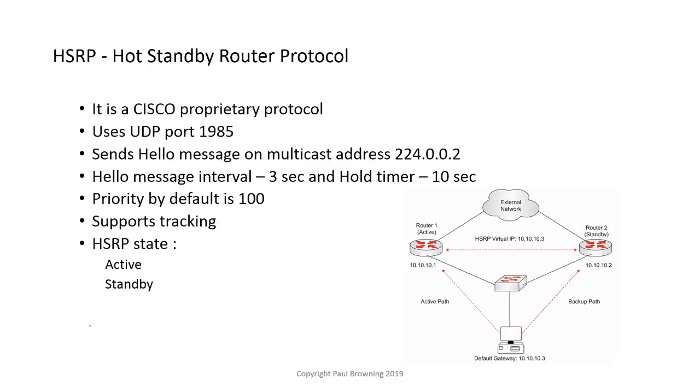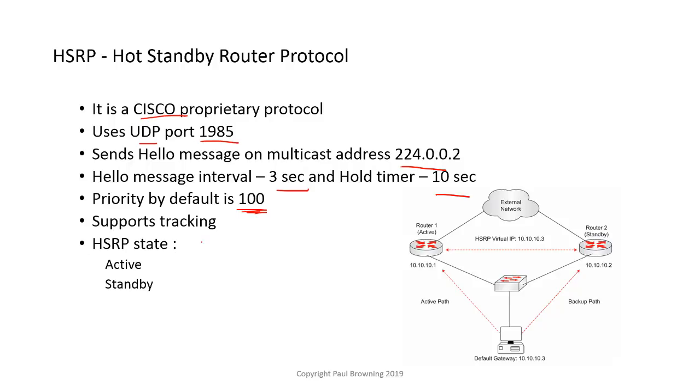HSRP, you just need to know a few things about it. Cisco proprietary, which they'll ask you. It uses UDP, and here's the port number. Hello packets are multicast on 224.0.0.2. Here are your intervals. There's a priority, which is going to decide the active and standby. By default, all priorities are 100, which you can alter.